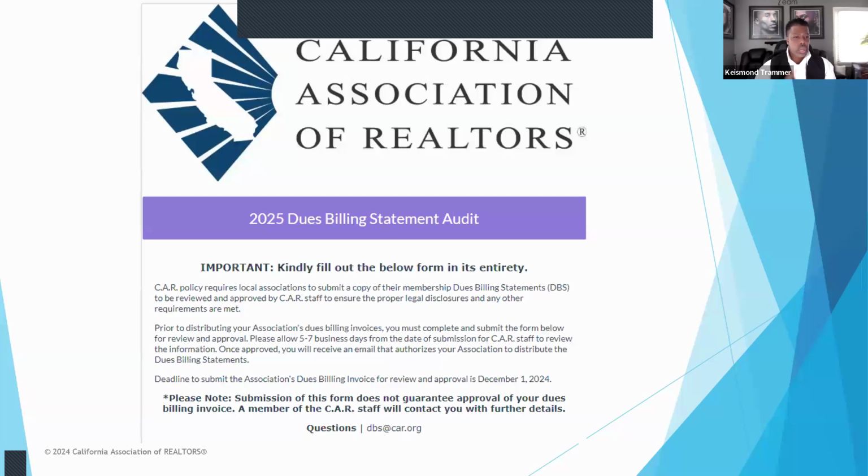And so you can start updating your dues billing invoices and online portals and submit them for review, again, starting today. As you know, C.A.R. must review all associations' dues billing invoices and online portals before you make them available to your members. I know this can be time consuming, but this protects C.A.R. and the local association. Next screen.